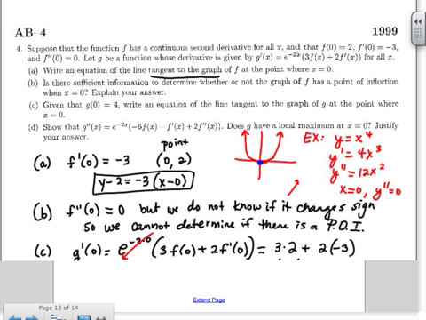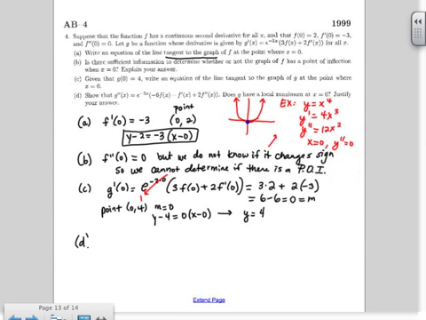Okay, so D. We had our g prime up here, so we're going to take the derivative. I'm going to use the product rule and the chain rule with my power here. So I have g double prime of x equals, the first was e to the negative 2x times the derivative of the second part.